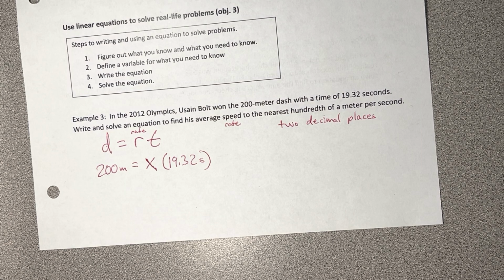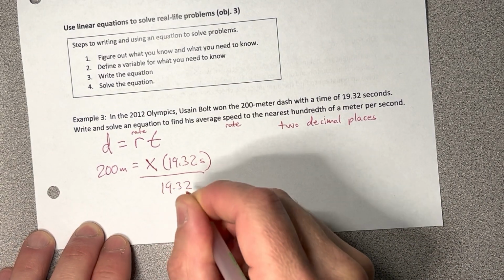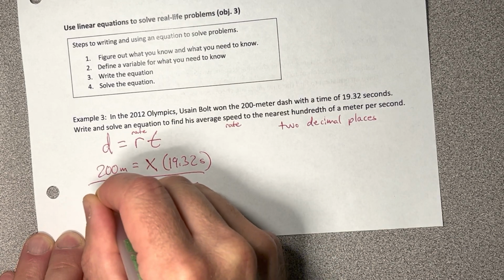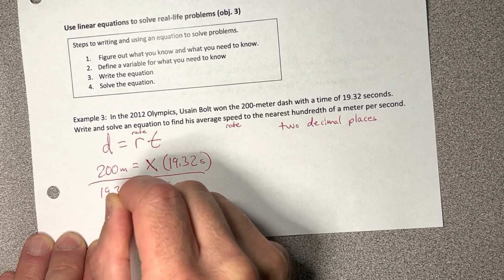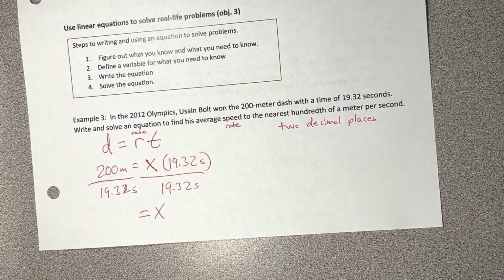Divide. Yep, we're going to divide it. So divide by 19.32 seconds. And what is Usain Bolt's speed to 2 decimal places? What do you get? To 2 decimal places.